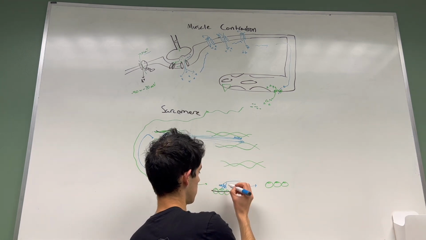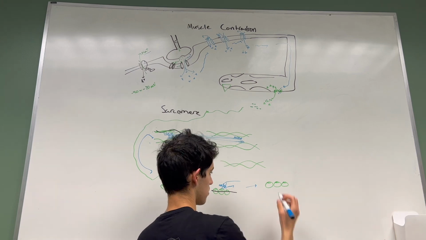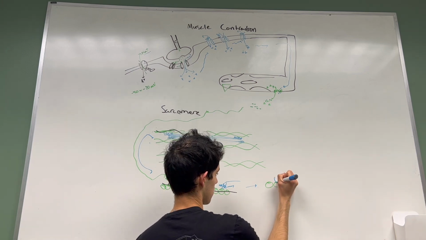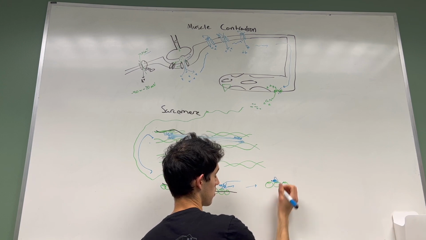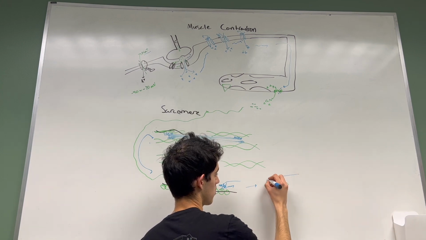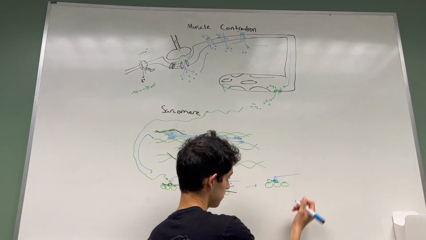This binding causes a conformational change, leading to dephosphorylation, or the leaving of the phosphate group, which in turn also causes a power stroke, or the moving of the myosin head more towards the myosin body.